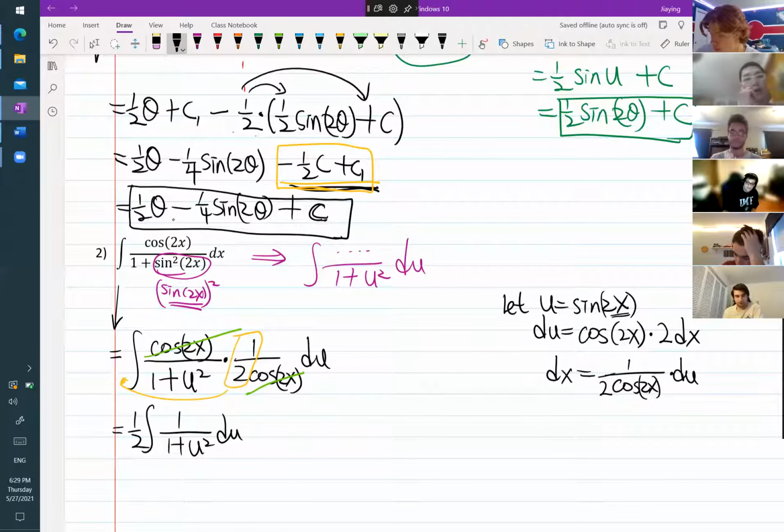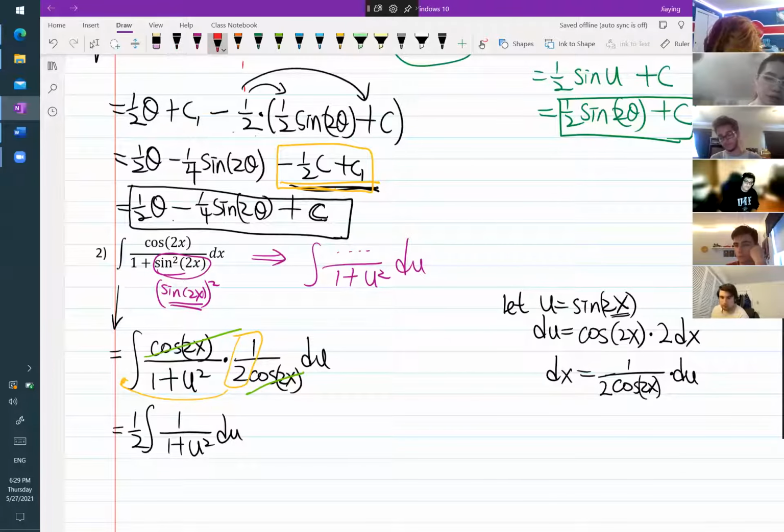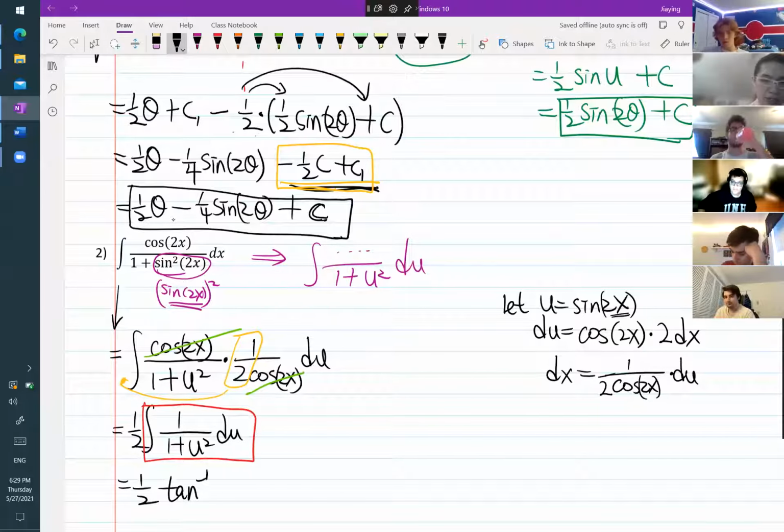I don't know if you had a chance to look at the table in section 5.5 or maybe 5.4. Whenever you integrate 1 over 1 plus u squared, it's always going to give you inverse tangent. So we get 1/2 inverse tangent of u plus a constant c.